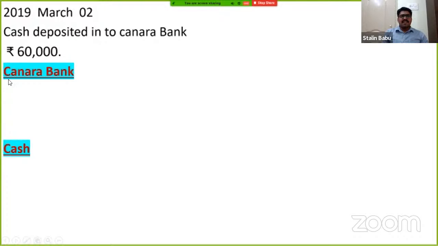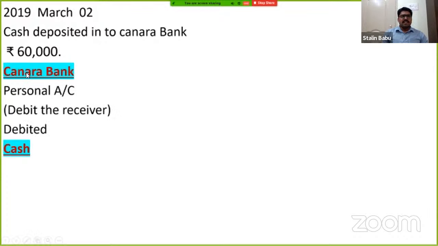Then what is the nature of these accounts? Canara Bank. Does it come under personal account, real account or nominal account? Yes, it comes under personal account. In the personal account, it belongs to artificial person. What is the principle of personal account? Debit the receiver, credit the giver. Here, Canara Bank is receiving the cash. So, Canara Bank account is debited.